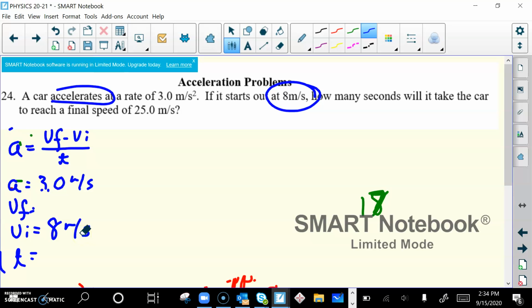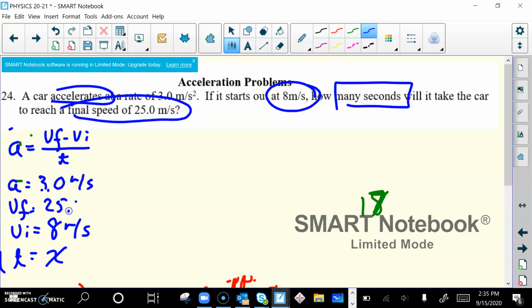How many seconds will it take to reach a final speed of 25? This is your unknown. Hey guys, on this, there's no right or wrong answer to do this. You just need to read the problem and kind of estimate what is your initial, what is your final.